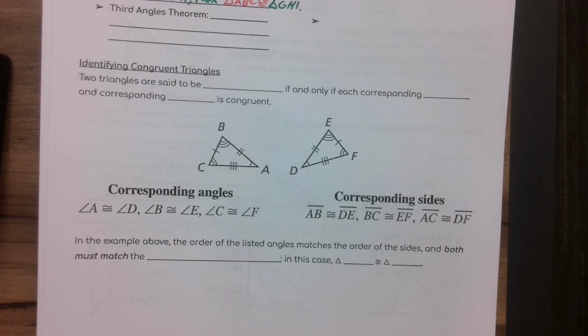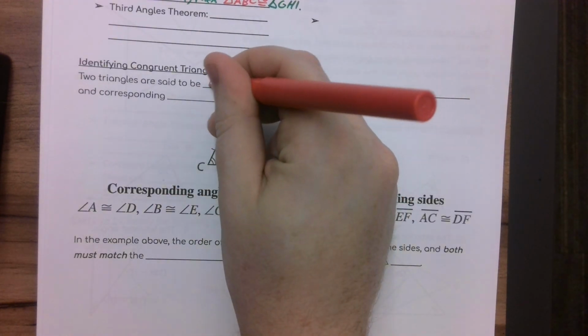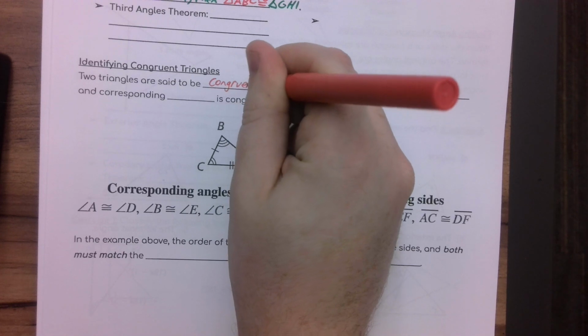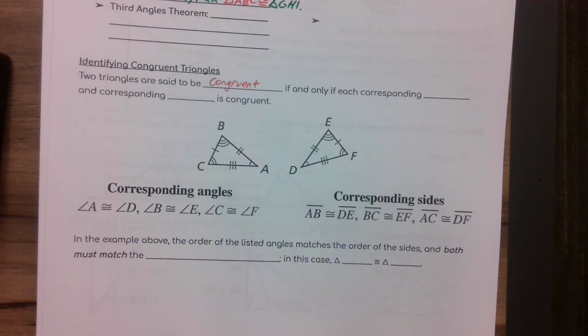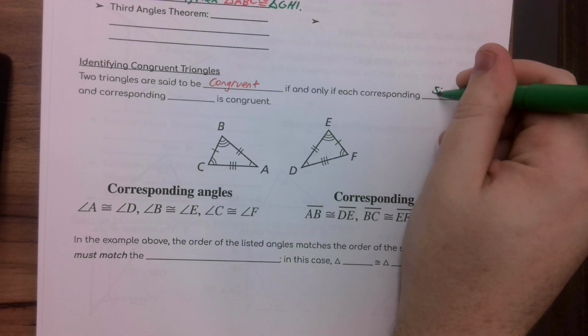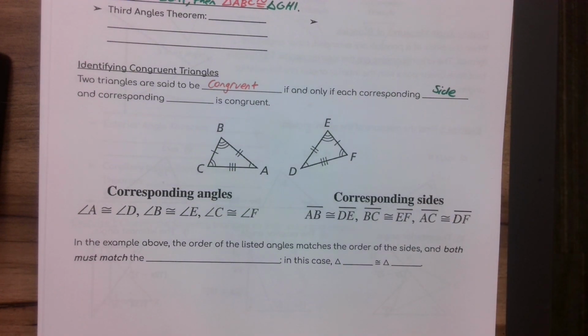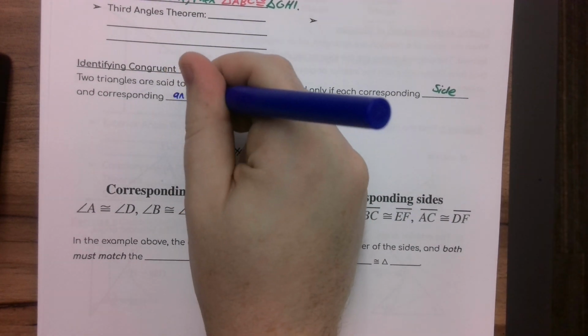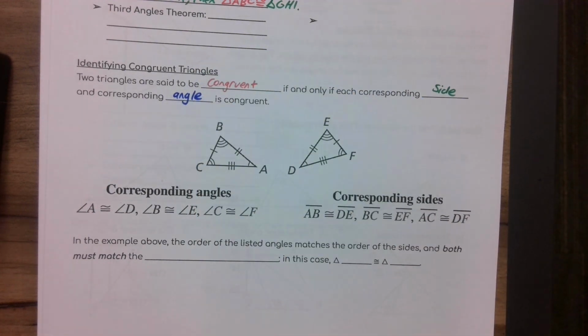Before we go on to the next definition, I want to talk a little bit about identifying these congruent triangles as well. So, when we say that two triangles are congruent, two triangles are said to be congruent if and only if each corresponding side and corresponding angle is congruent.